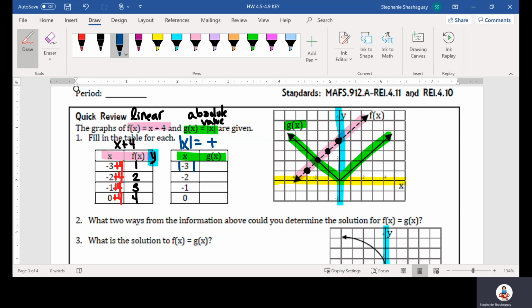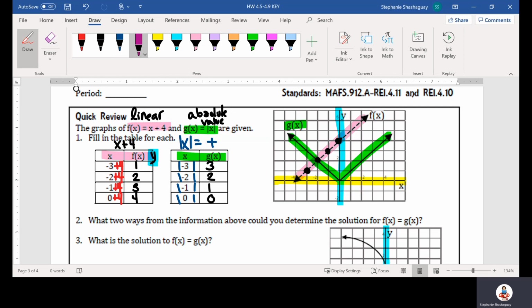And a distance always has to be positive. So the absolute value of -3 is 3. The absolute value of -2 is 2. The absolute value of -1 is 1. And the absolute value of 0 is 0.